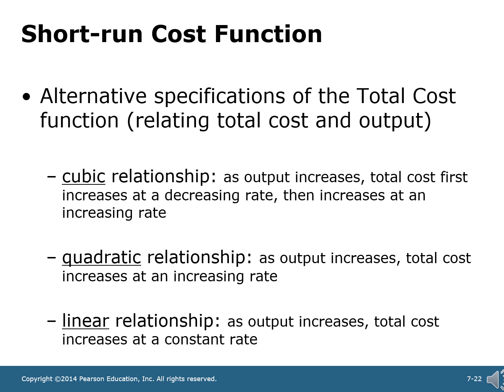We also have a quadratic relationship. As the output increases, the total cost is going to increase at an increasing rate. So that will have a constant term, some level of q plus some level of q to the second power. And finally, you can have a linear relationship. As output increases, the total cost is going to increase at a constant rate.